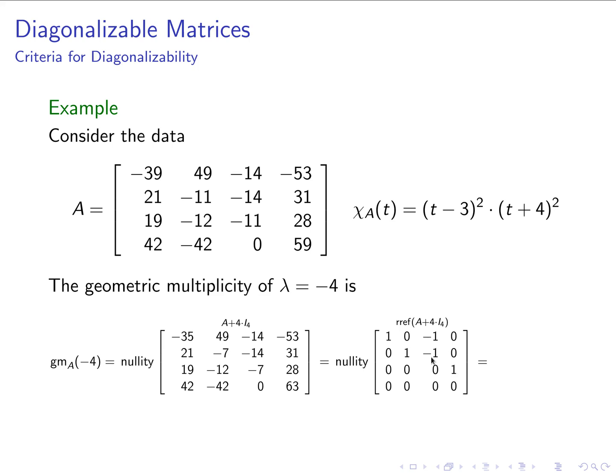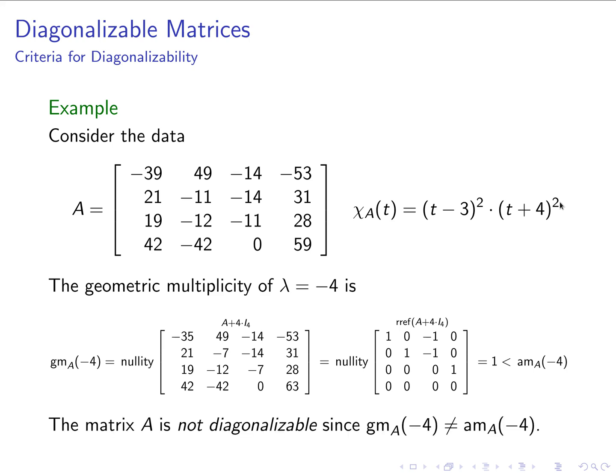This tells us that the nullity is equal to 1, and the idea here is that 1 is less than the number 2, which is the algebraic multiplicity of -4 as our eigenvalue. So the geometric multiplicity of -4 is equal to 1, but the algebraic multiplicity is 2. Since these numbers are different, our test for diagonalizability tells us that this matrix is not a diagonalizable matrix.